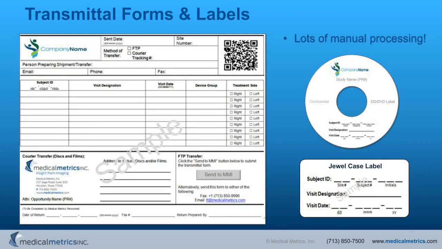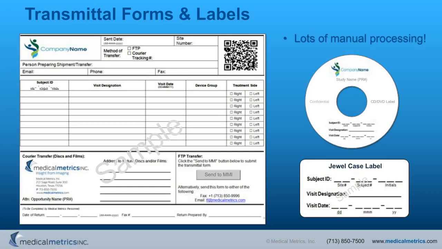Both methods of image transfer, courier and FTP, require sending a transmittal form with the images to identify the contents of the shipment. This form provides the necessary information to uniquely identify the images for storage in the study database. However, as Troy mentioned earlier, these forms can result in many discrepancies. This is an example of a transmittal form for a hypothetical study at MMI and a sample CD label.